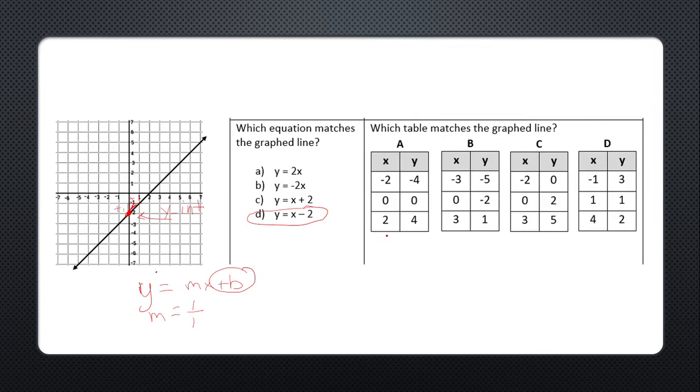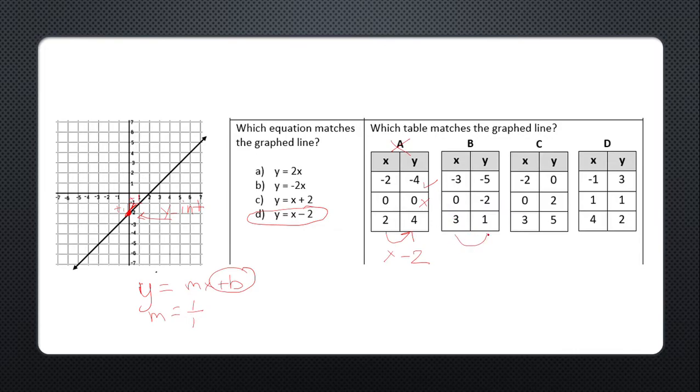So in order to get from here to here, we're basically taking our x and subtracting 2 every time. So if I have negative 2 minus 2, that equals negative 4. If I have 0 minus 2, okay, that's not going to work because 0 minus 2 is not 0. So A is not the answer. Let's look here.